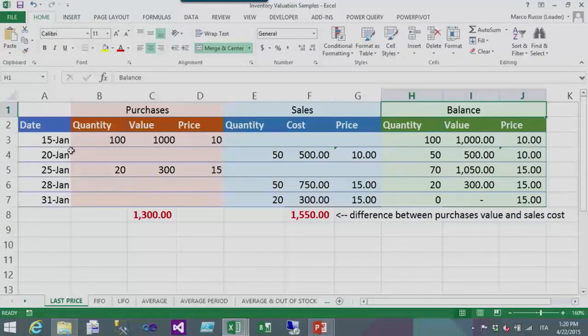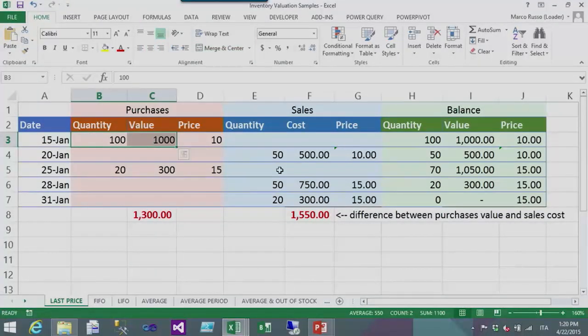I bought 100 units of a product at the price of 10 on the 15th of January, and the global value was 1,000. So on that day, the quantity on hand was 100, the value on hand was 1,000. Easy. Purchase price.